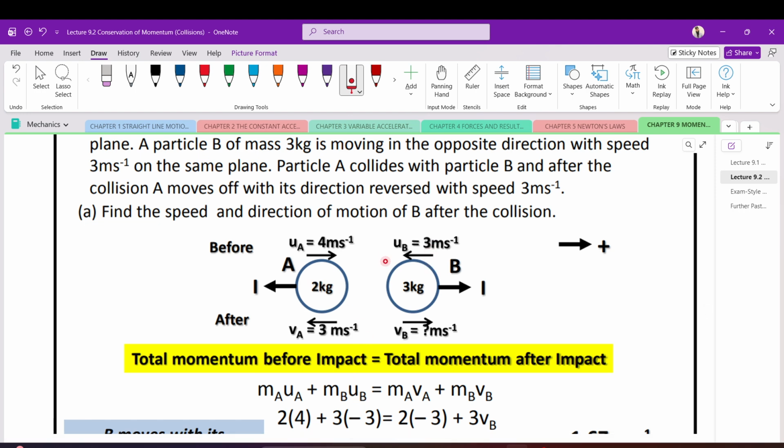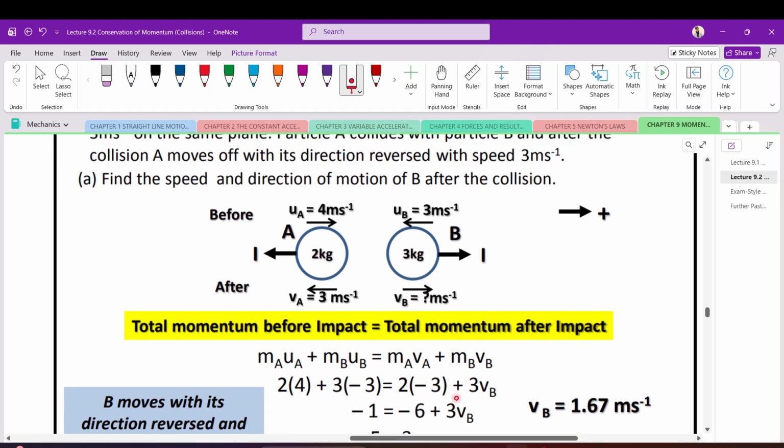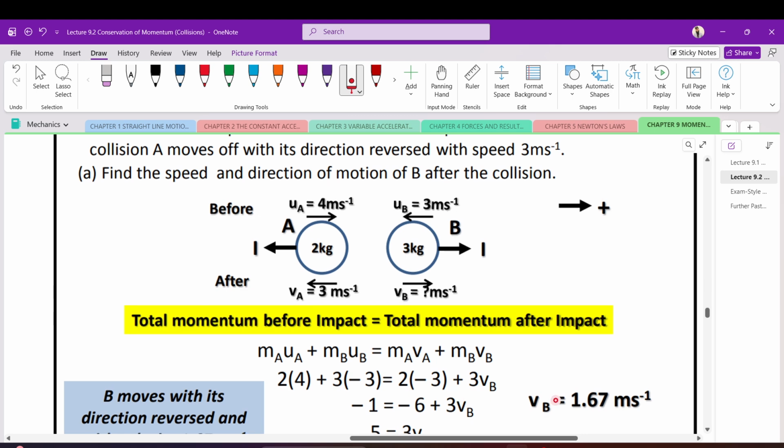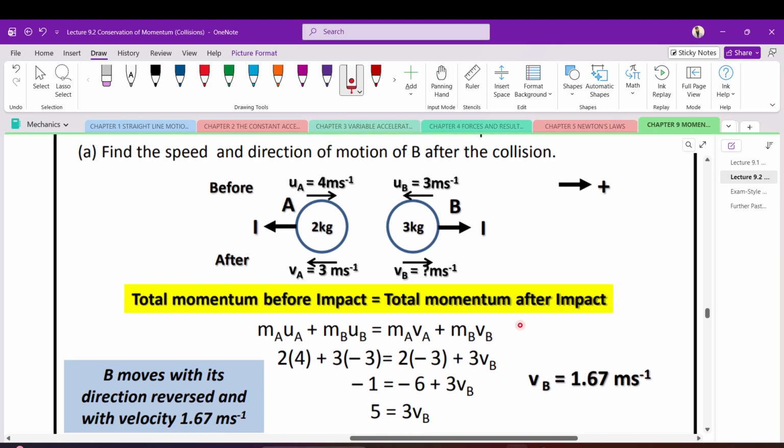Then that will be equal to 2 times minus 3, because the direction has been reversed, plus 3 times vB. When you simplify, you will get 1.67 meters per second. So our assumption was correct. The direction of motion has been reversed and the magnitude is 1.67 meters per second.